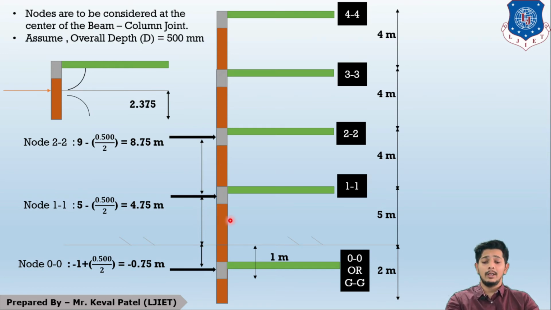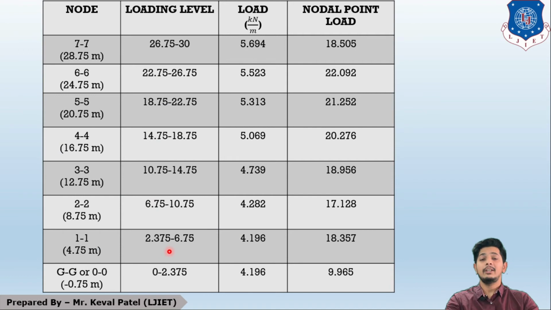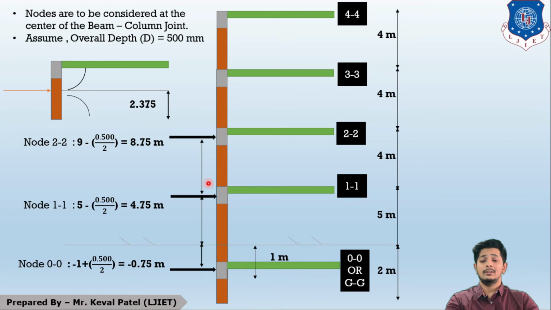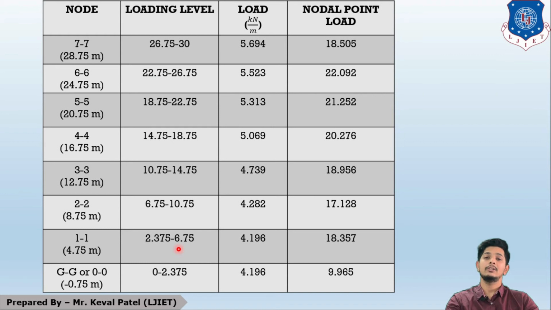So below 1 will start from 2.375 only, as we have to cover the total height. Then above 1 will be half of this story. So it will be half a story above the node and half a story below the node, and the calculation will give us 6.75. So node 11 has a range of 2.375 to 6.75.